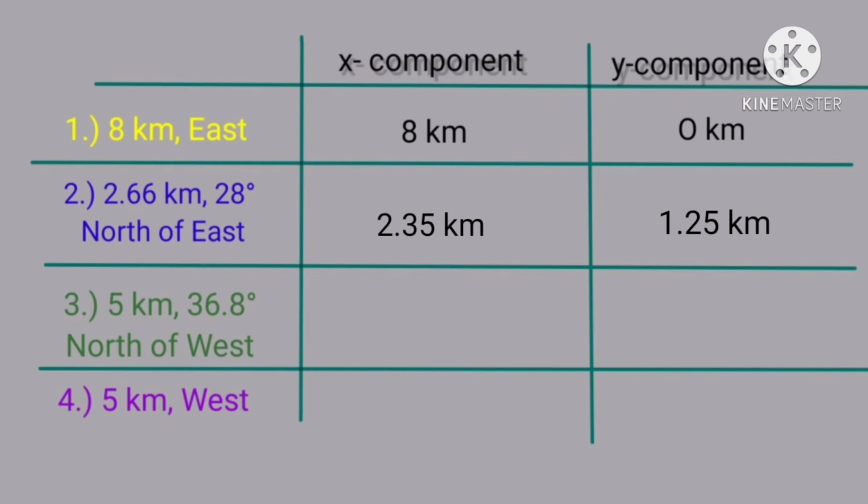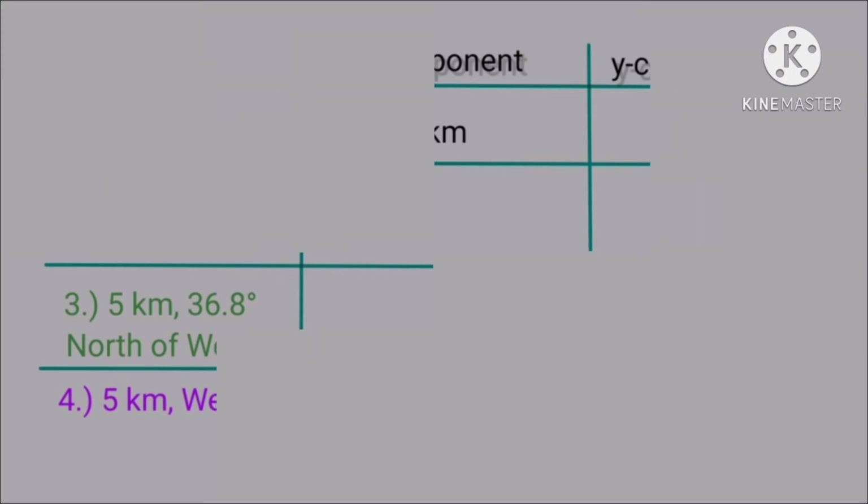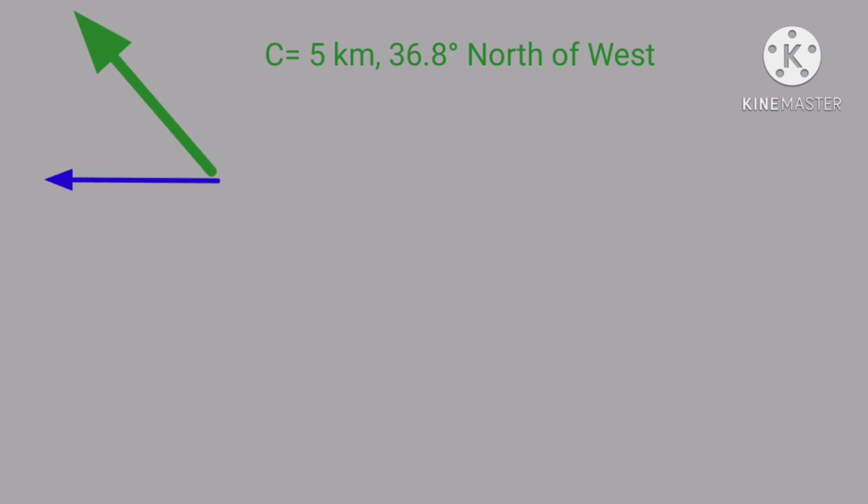For our third vector, which is similar to our second, 5 km, 36.8 degrees north of west, we also need to determine where the angle theta is. It is north of west, so the angle starts from the west and goes toward the north. We need to determine where the opposite side is, and the y component is the opposite side.